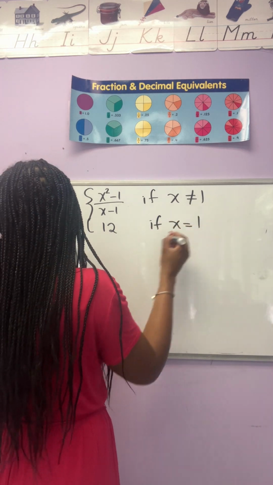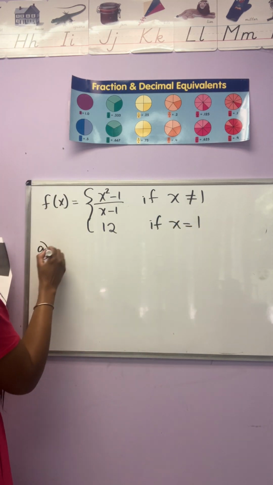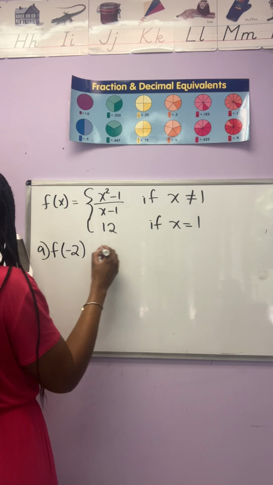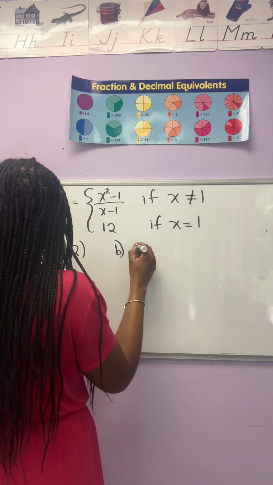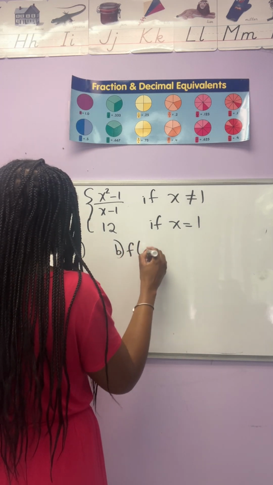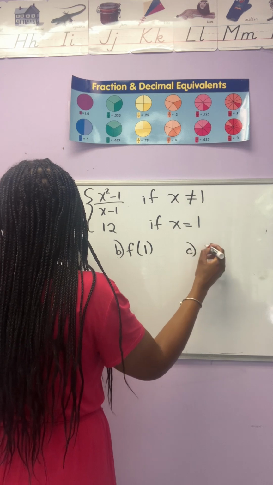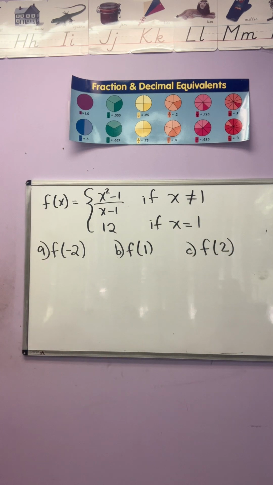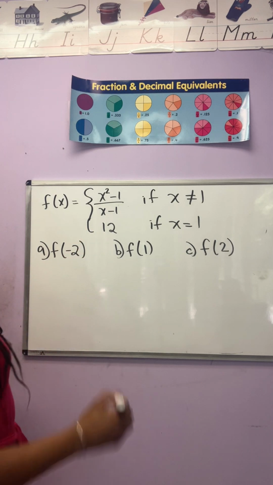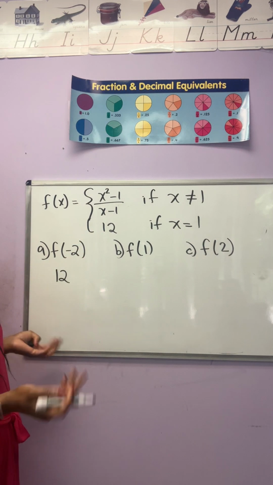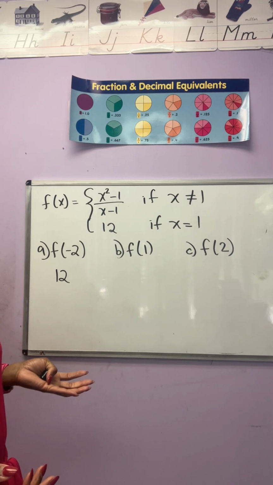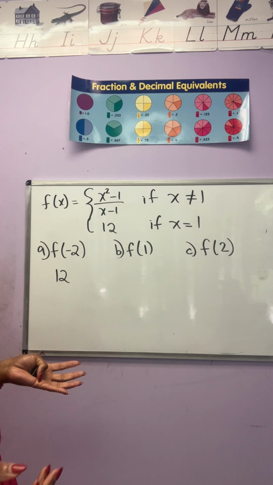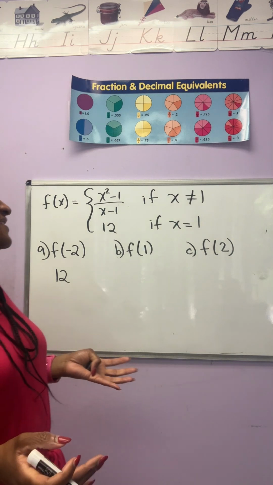Those are also very interesting. Okay, so f of negative 2. Well, that is not equal to 1, so my answer is 12. And that's it. So it looks complicated. It looks like they're going to actually do something crazy, but that's it.